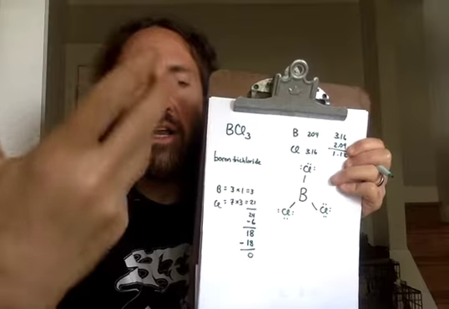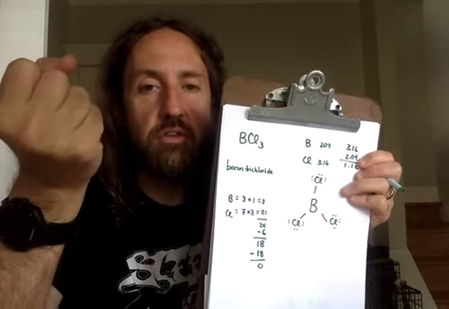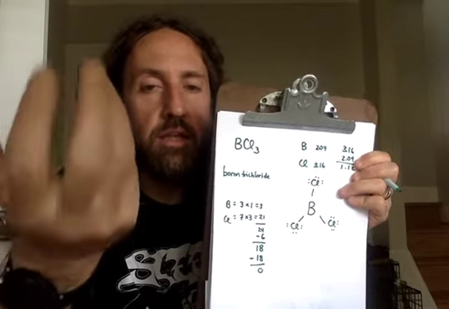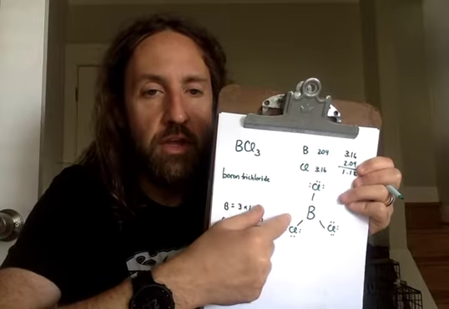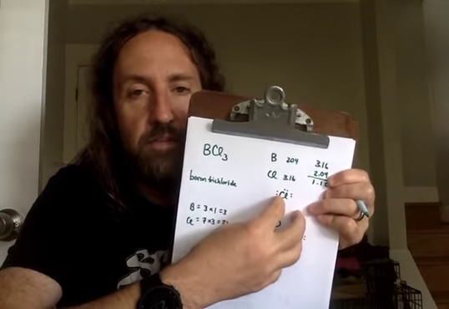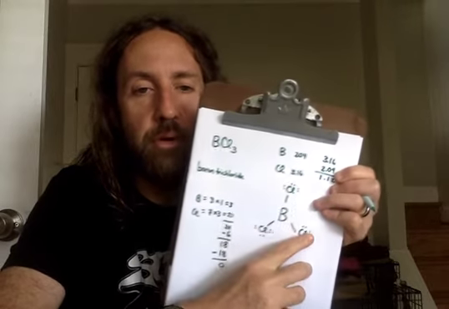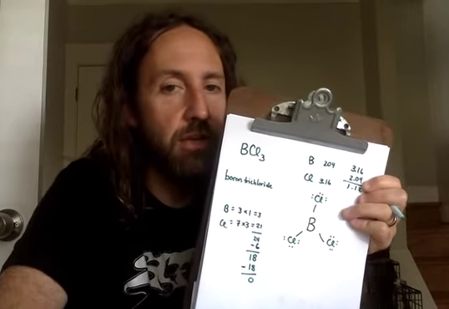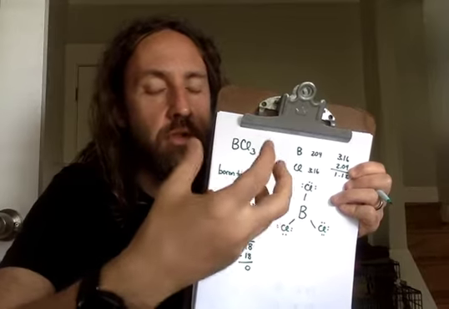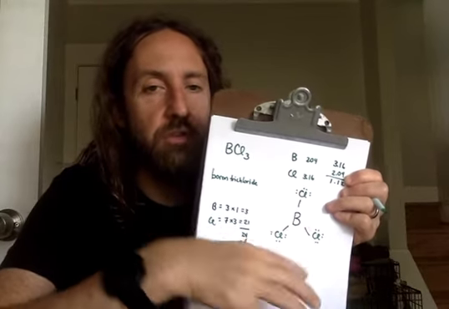Now, you might ask, what does this structure look like in the real world, okay? This is how it looks because this is as far apart as these 3 things can be, and that's what the attached atoms want to be. They want to arrange themselves so they're as far apart as possible.